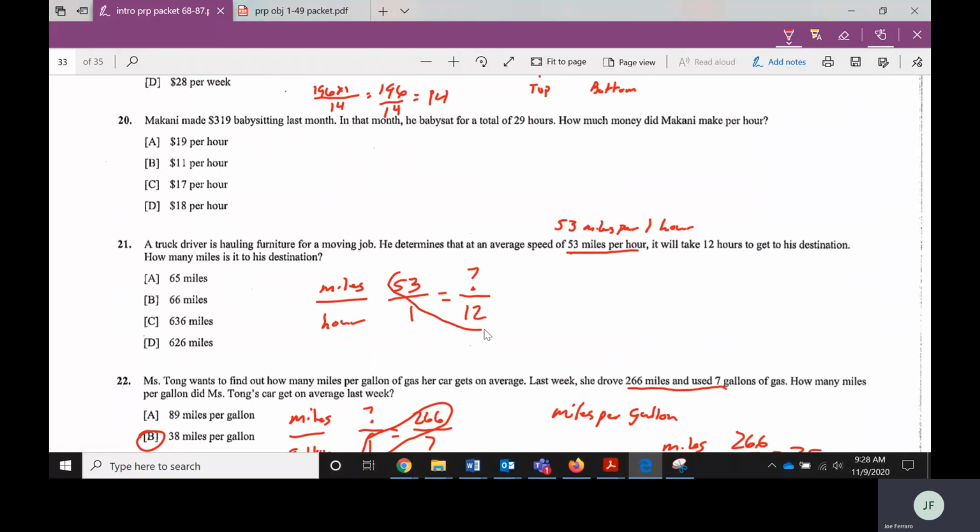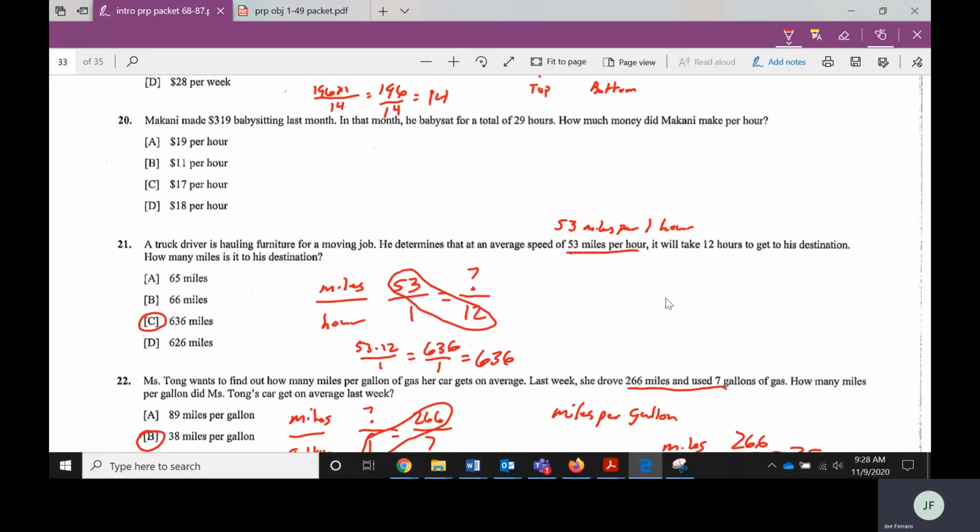So we cross multiply, divide by the third, so 53 times 12, 636. Divide by that third number, which is this one, is 636.